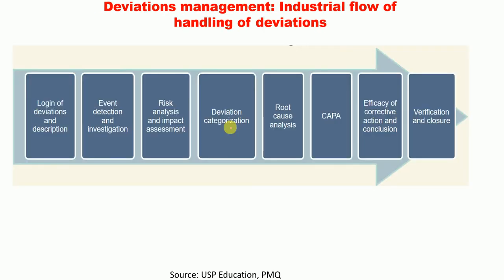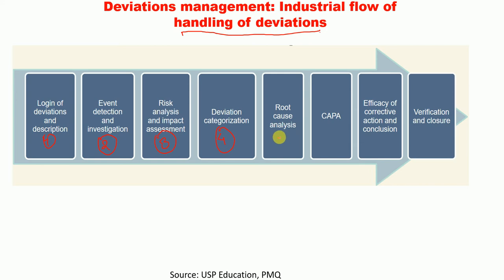So then next is deviations management, the industrial flow of handling of deviations. How we should handle the deviations. Number one is logging of deviations and description. Number two is event detection and investigation, and number three, risk analysis and impact assessment. Number four is deviation categorization.